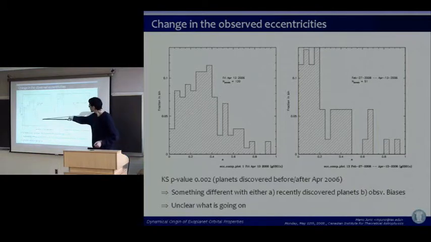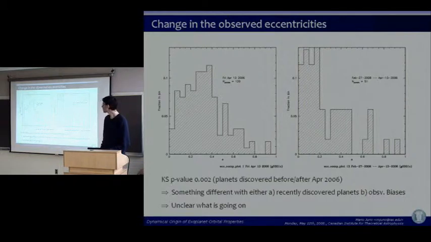But if I plot this versus planets that were discovered since, you can clearly see, even by eye, that there's something different between the two. If you do a KS test between the two, so what's the probability of these two distributions being drawn from the same underlying distribution? It's less than 0.2%.